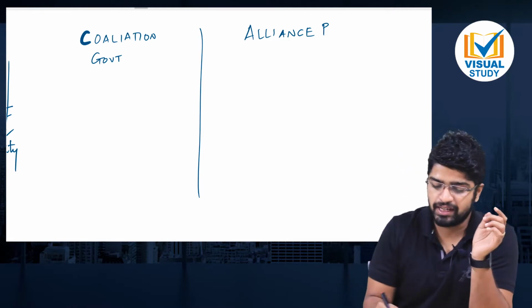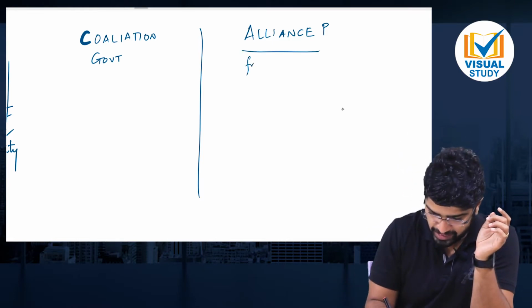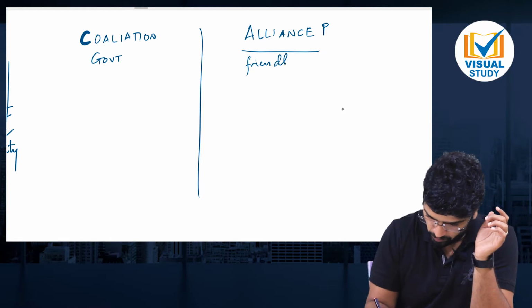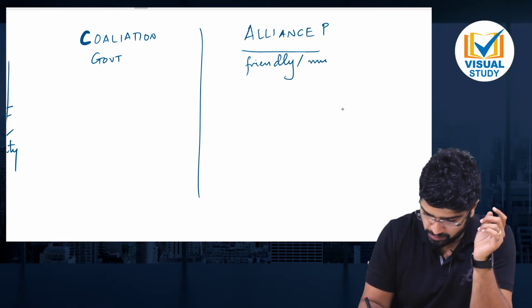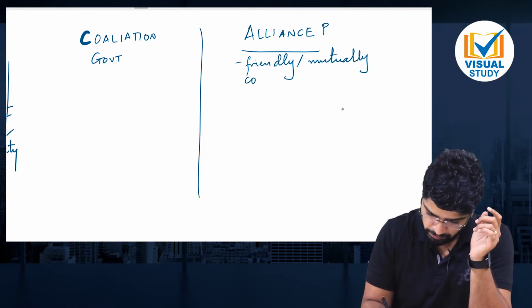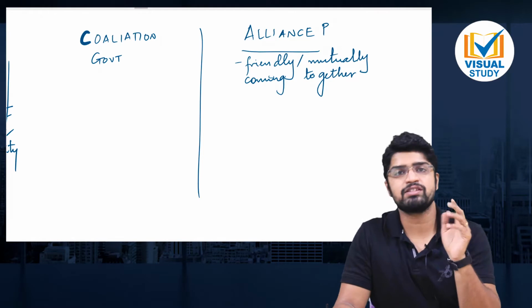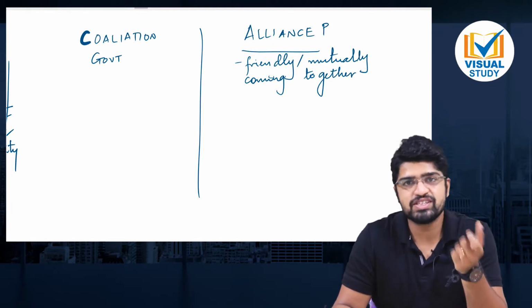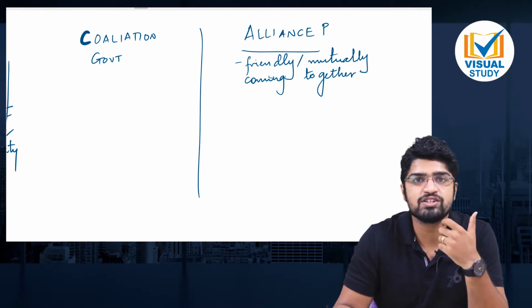Alliance means friendly, or in clear terms, it is also called mutually coming together. It's the simple meaning of alliance. When we say there is a political alliance, what does this mean?